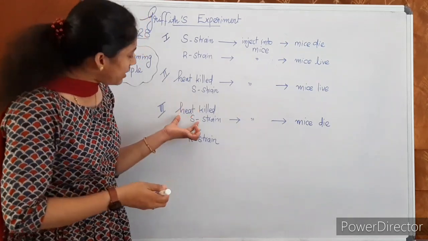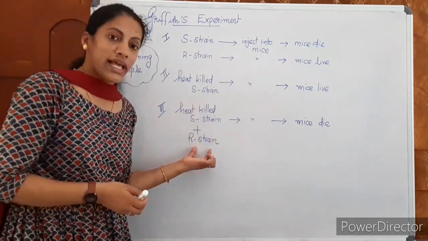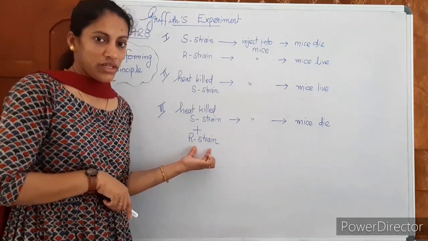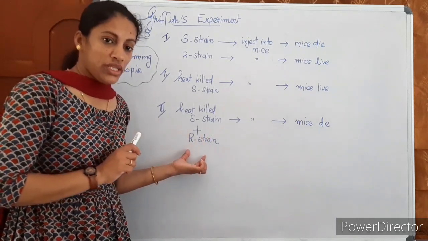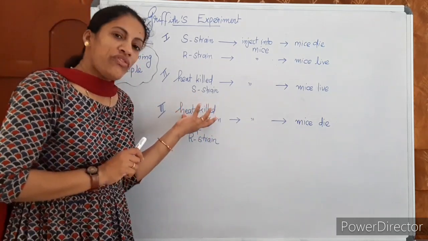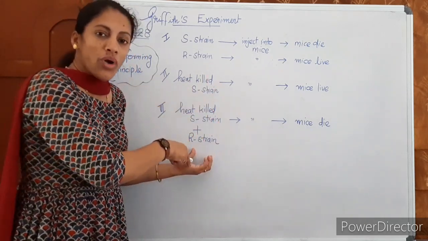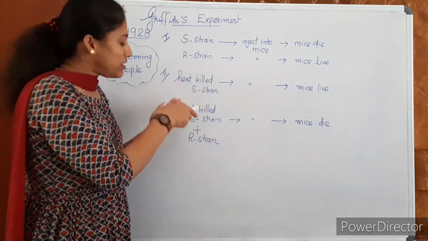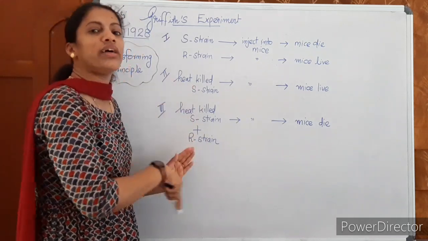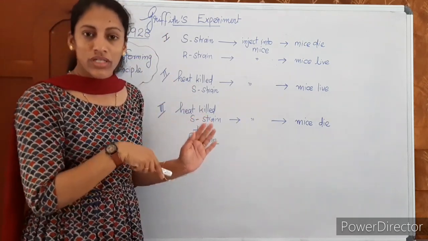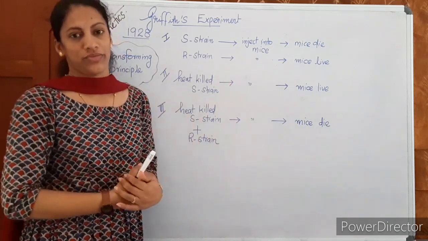When heat-killed S strain is used along with R strain, according to Griffith, something from the heat-killed S strain transferred to R strain, and this made R strain develop a polysaccharide coat and become virulent.